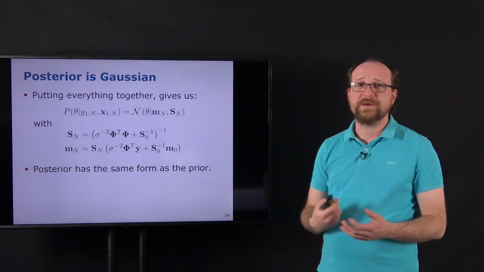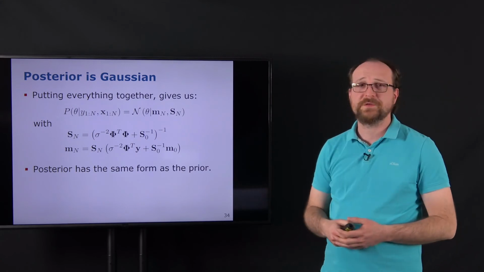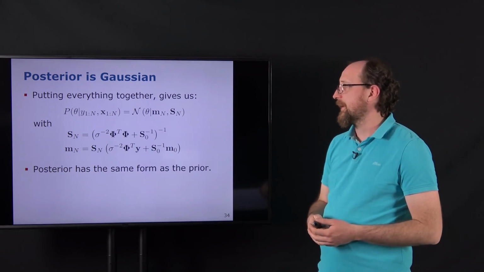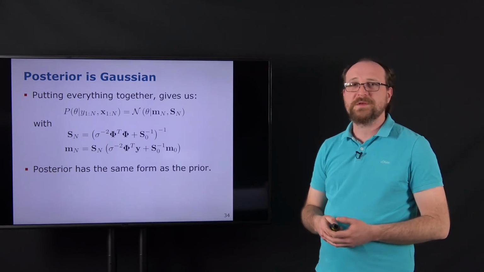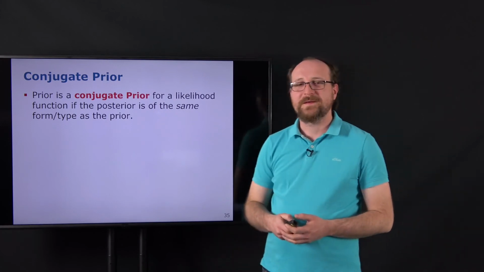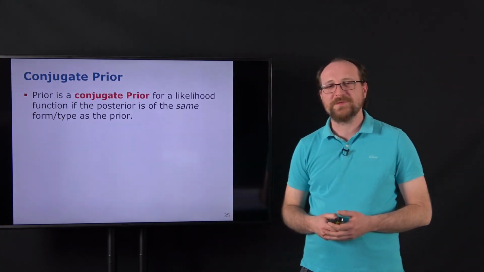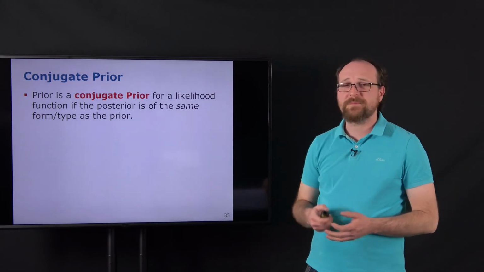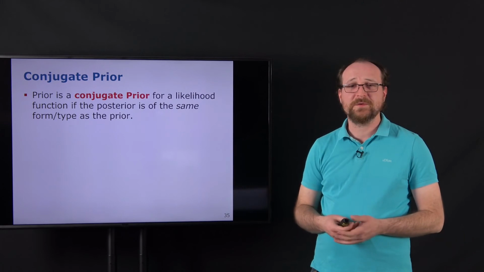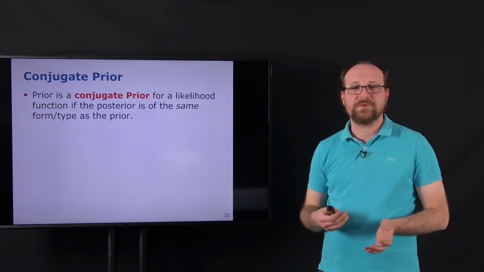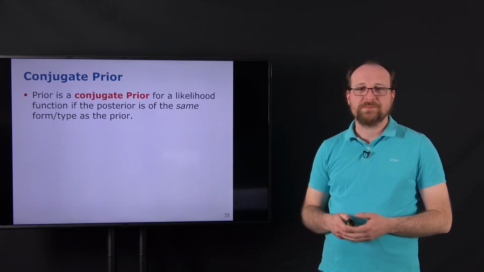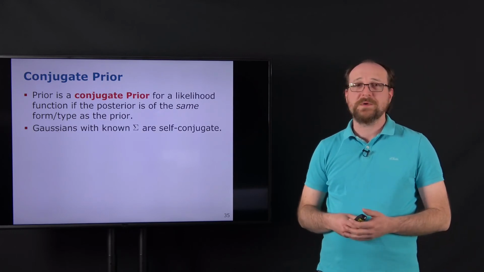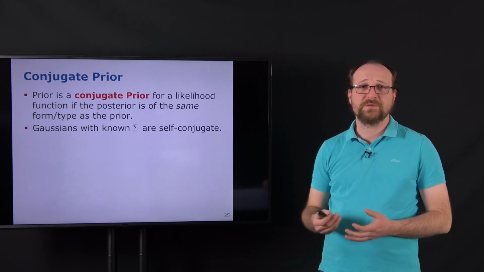One nice property is that the posterior is in the end of the same shape or form as the prior. And this is maybe not an accident, because the normal distribution is self-conjugate to itself. That means a prior is conjugate to a likelihood if the posterior has the same form or type as the prior. As I said already, the Gaussian with a known sigma is basically self-conjugate to itself.